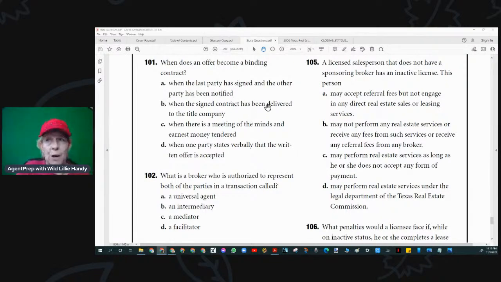A, when the last party has signed and the other party has been notified. B, when the signed contract has been delivered to the title company. C, when there is a meeting of the minds and earnest money tendered. Or D, when one party states verbally that the written offer is accepted. Take a moment to think about it and type in your answer.